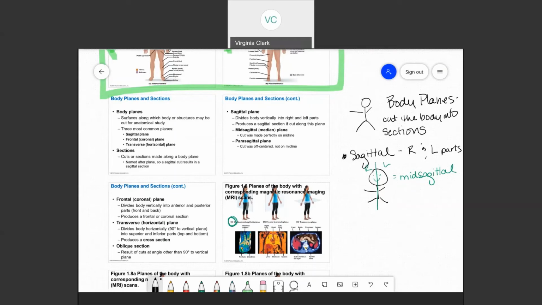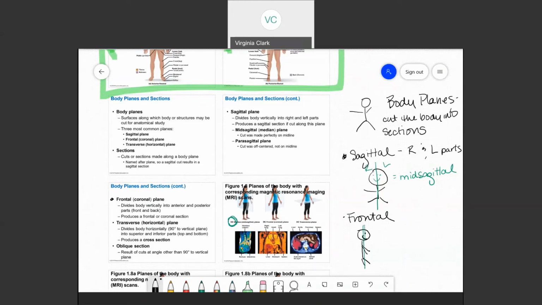The next one is going to be the frontal. The frontal section, essentially what you're going to do is if I were to draw my little guy like this, where he's not facing forward, but he's facing the side, a frontal section is where you are actually chopping this way. I like to call this a headband.